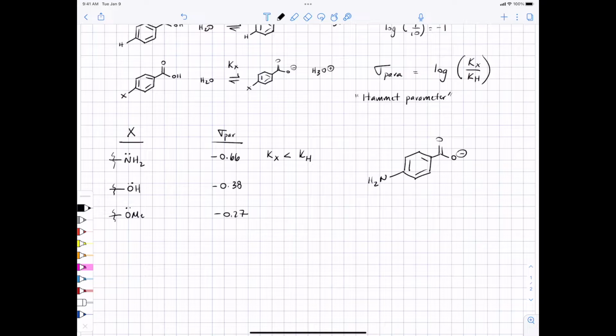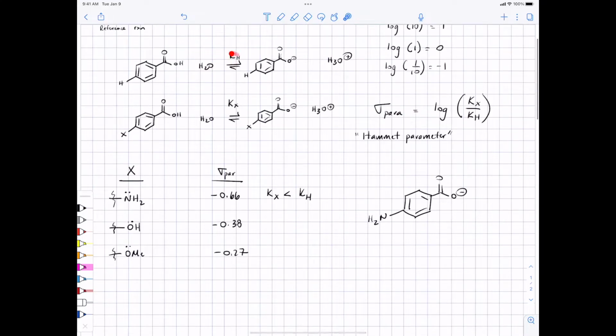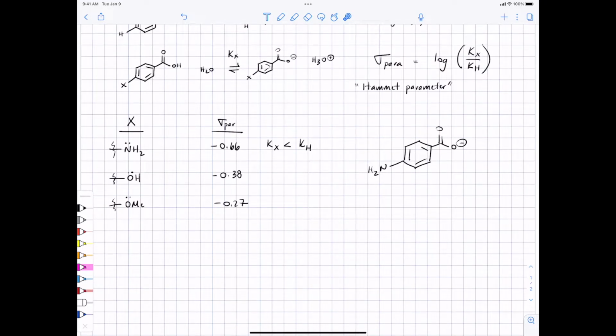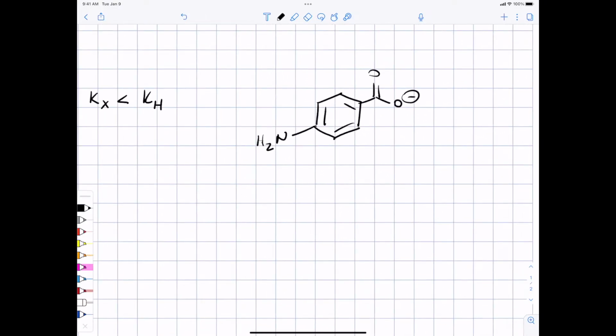And if Kx is less than KH, the conjugate base of the para-amino benzoic acid should be less stable than the conjugate base of benzoic acid. All right, so why might that be?